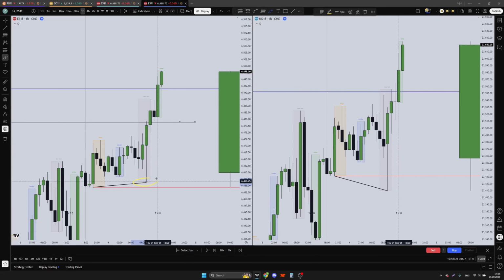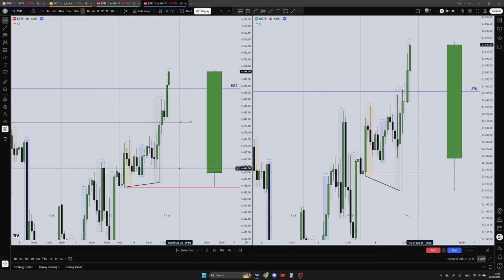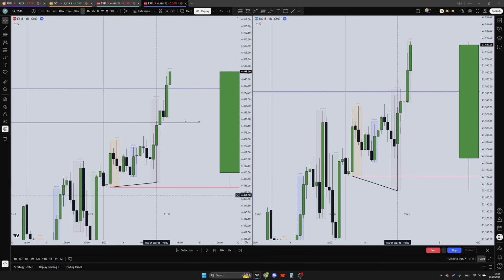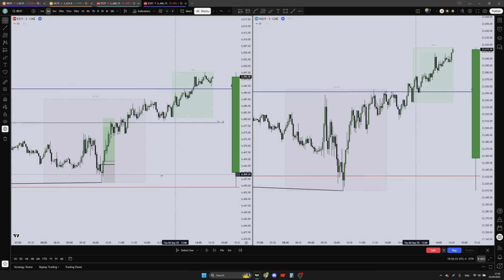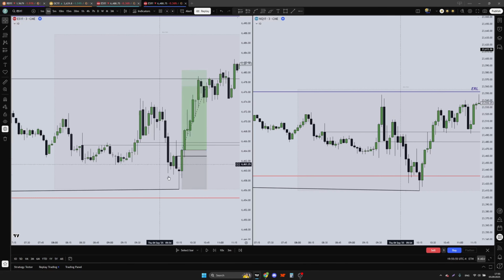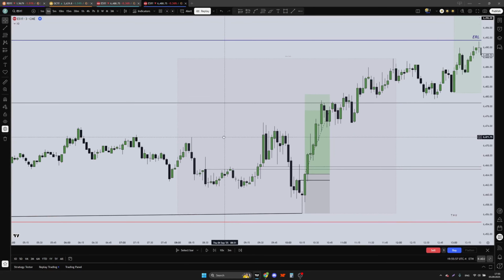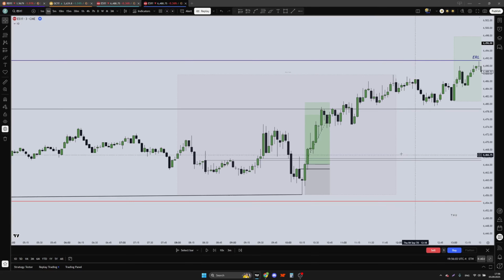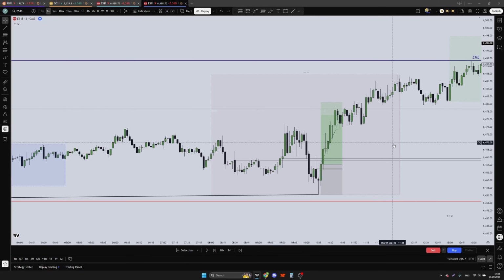So this is a 10 a.m. swing, 10 a.m. swing, and after that manipulation, I'm just gonna be entering on the lower time frame charts, either 3-minute or 5-minute, to be trading in the same direction as my higher time frame bias, right? So that's about it. Thank you.